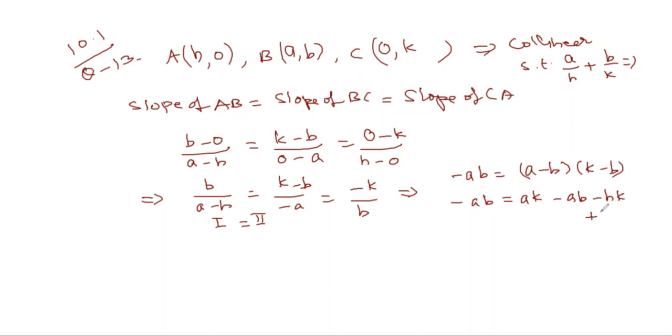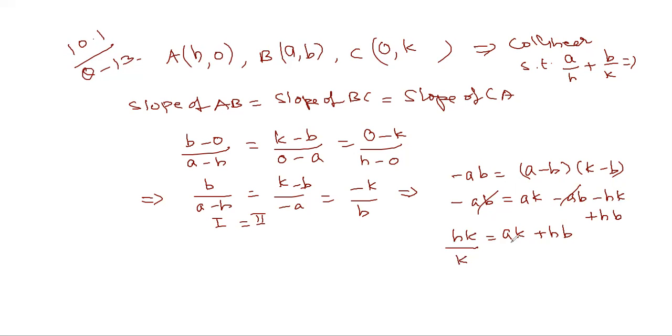hk plus hb. This minus ab will cancel. Now we can write hk is equal to ak plus hb. We have to bring a by h. So that means divide both the sides by k.